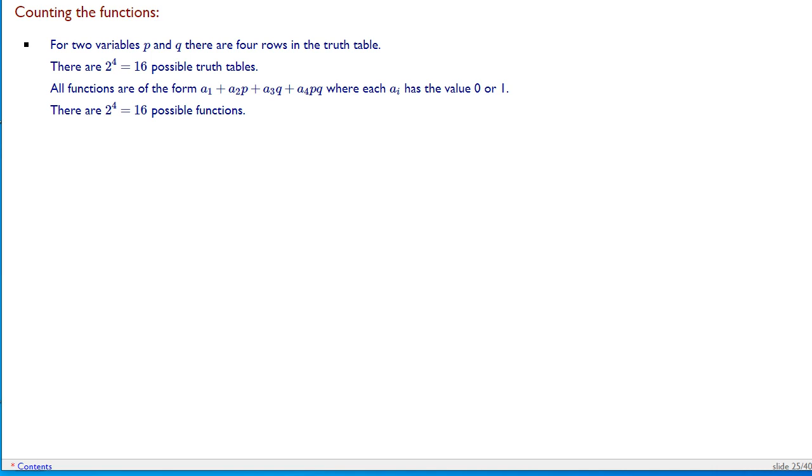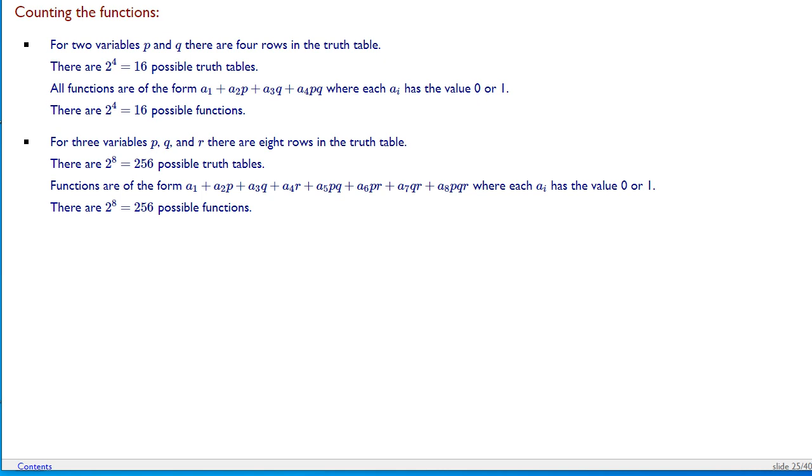If we're forming a function of P and Q, there are no exponents greater than 1, so the possible functions are 1, P, Q, and PQ, each with a coefficient that could be 1 or could be 0. Therefore, there are 2 to the 4th, or 16, possible functions. That means it's possible that there's a bijection between the truth tables and the functions. That, in fact, is going to turn out to be the case.